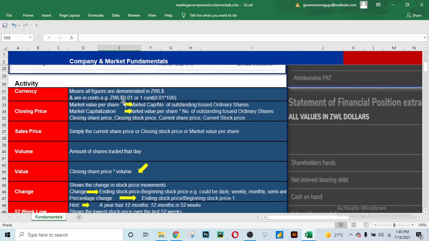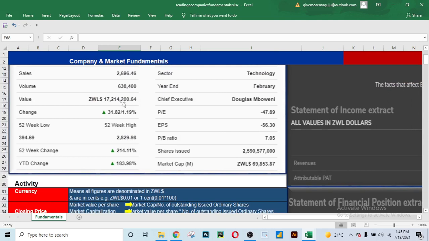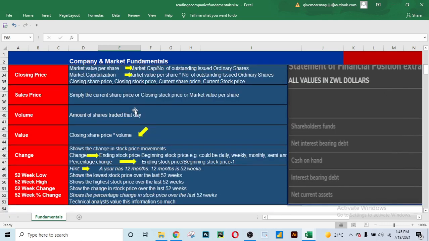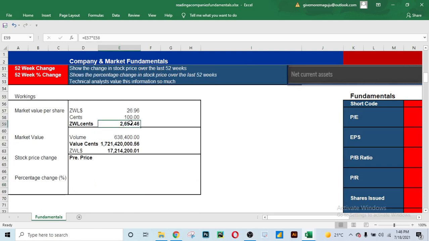But here, for the purpose of this tutorial, I'm just going to do something so that you understand. Let's look at change. We see that there was an upward change. The stock price went up by 31.82, let's just say cents. So the activity report is telling us that this share price is 31.82 up from the previous.